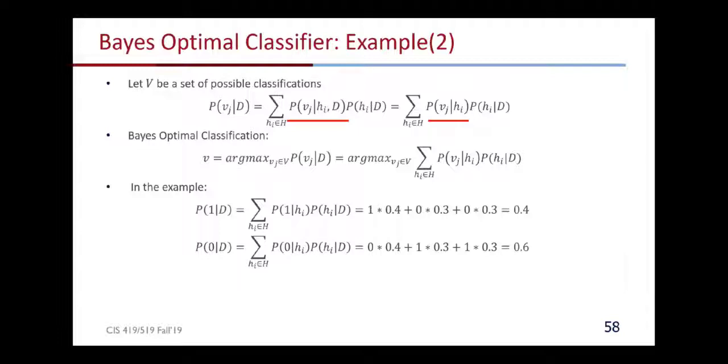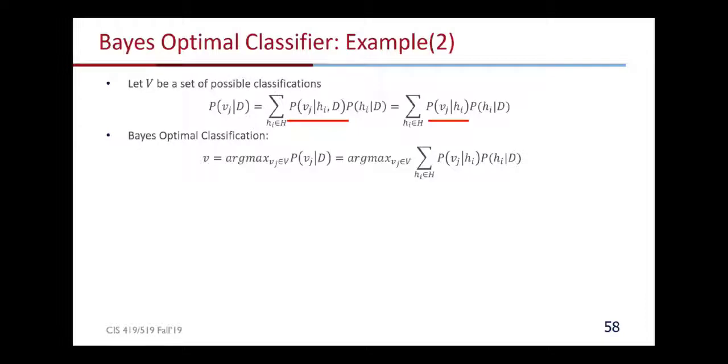If you remember, the probabilities of the Hi were 0.4, 0.3, 0.3. Let's just go back to it.